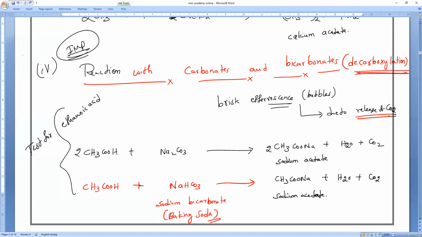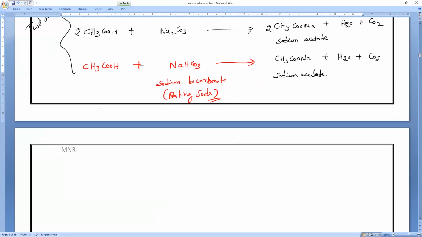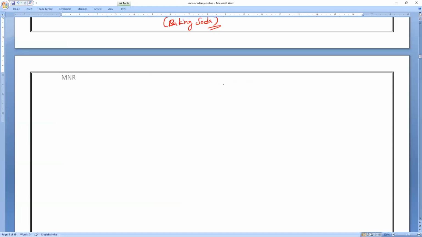Whenever you add sodium hydrogen carbonate, it produces a brisk effervescence. Then we can identify that the given organic substance is ethanoic acid. Okay. Now, for example, I will give you two test tubes.